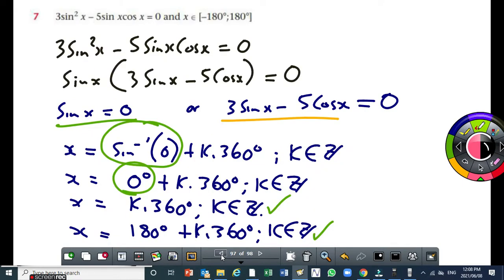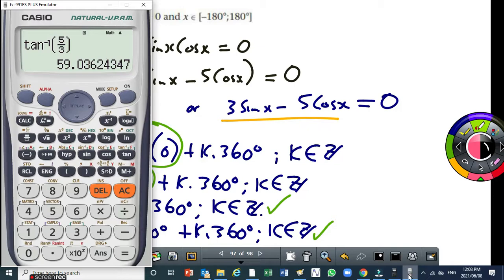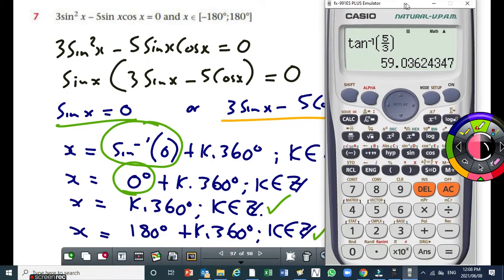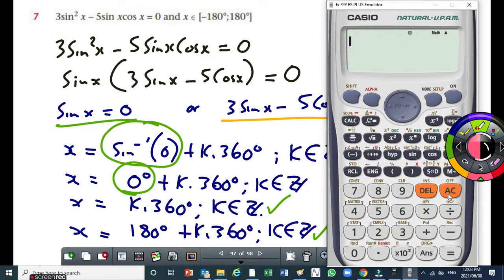So I'll bring my calculator in. Right, let me move my calculator to my right hand side. I'm testing if the answer is right. So it's 3, then open bracket, sine of 59,03, then close the bracket, and then close it the second time, then you square it, like that.